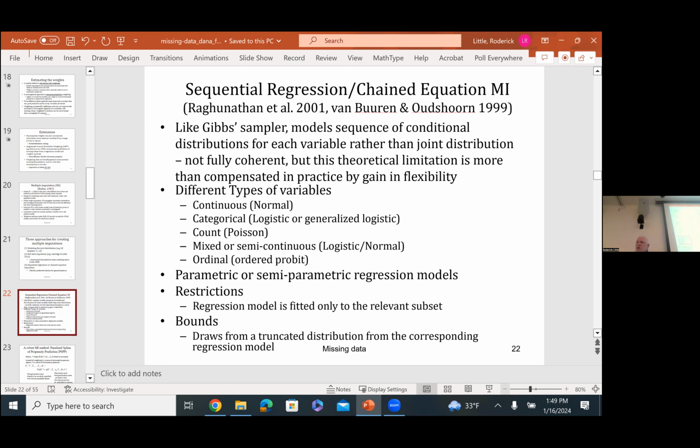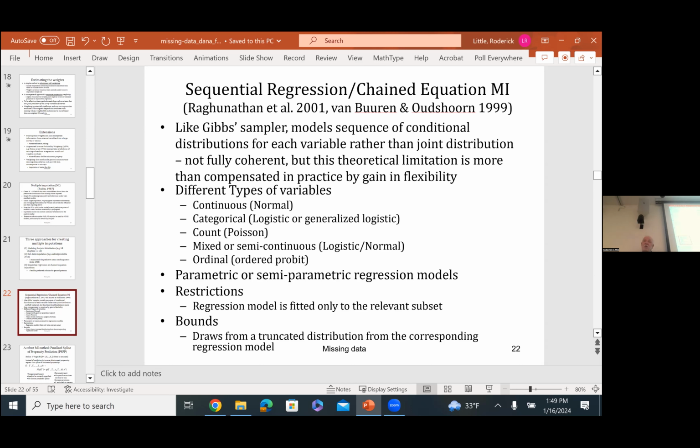And what does it do? Well, it's a little bit like a Gibbs sampler, but with a flexible choice of the conditional distributions that go into the Gibbs sampler. You take all variables that have any missing values, and you go sequentially through those variables.